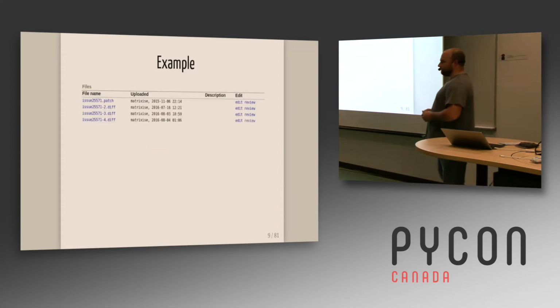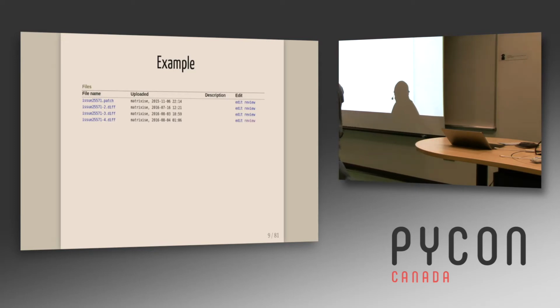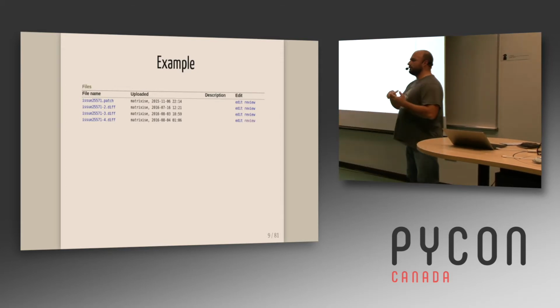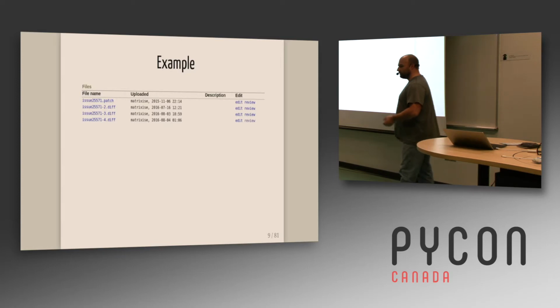As an example, I've created a ticket, an issue in the bug tracker of Python about ltrace. Ltrace, sorry, is a small functionality in Python where you can see all the opcodes of your code in the execution of Python. And we can see we have a lot of patches for just one feature, one issue.